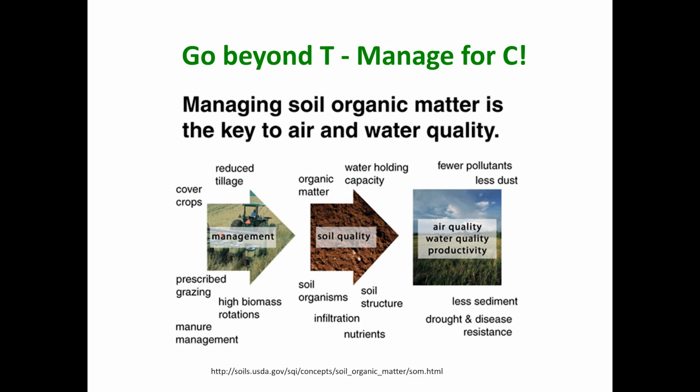We shouldn't be managing for tolerable degradation. We should be managing for improved function. And the simplest thing that we can look at to tell us whether we're improving function is improved carbon levels in our soil. But of course, there are many different types of carbon. We need the carbon that's accumulating, and then we also need the carbon that's dynamic, releasing the associated nutrients.